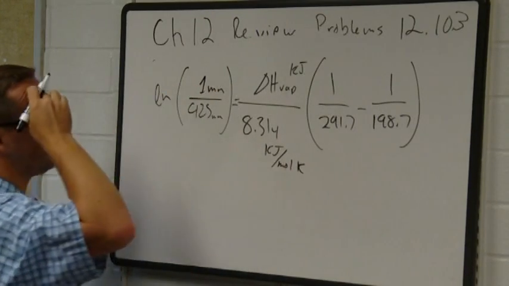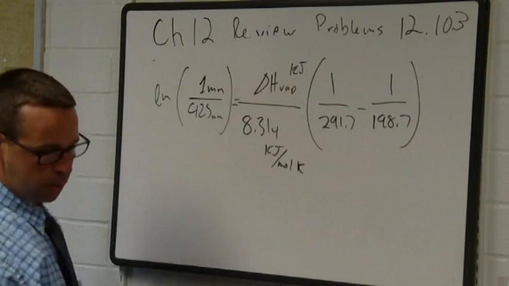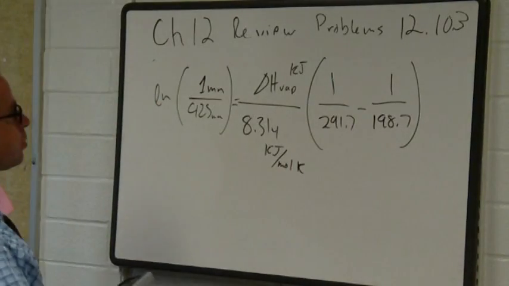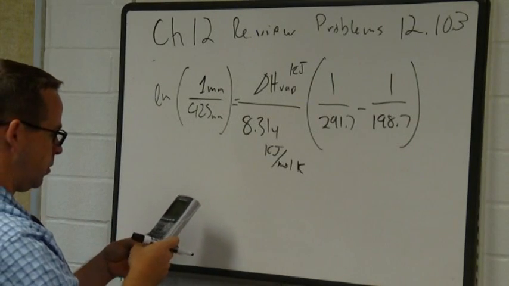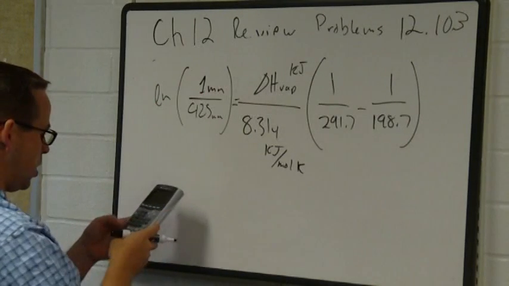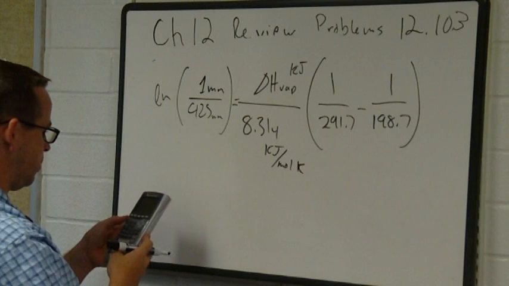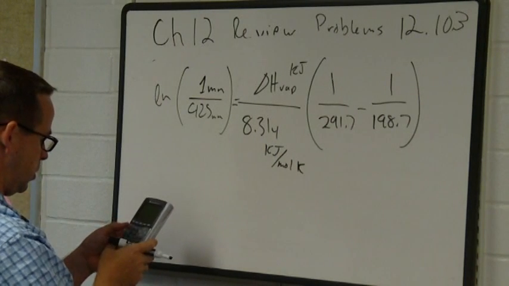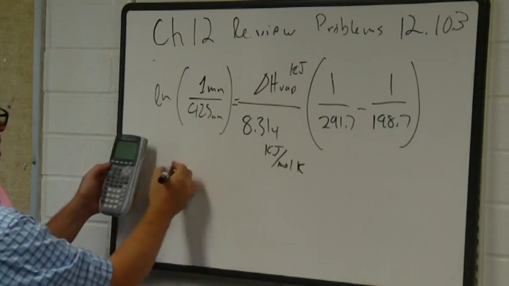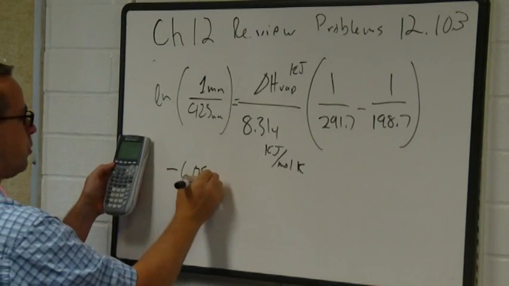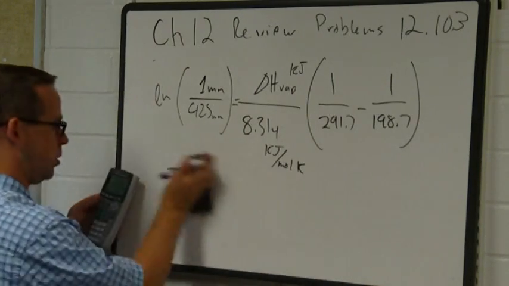So the natural log of that value here. We can take 1 over 425, and then we can take the natural log of that value. All right, so I'm getting negative 6.05. Let's move that down just a little bit.